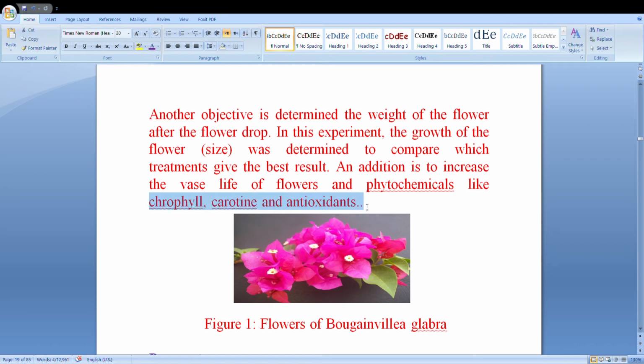This is the most important part of the flower. Carotenes and chlorophylls can sometimes be used as color food additives, natural organic food colors.